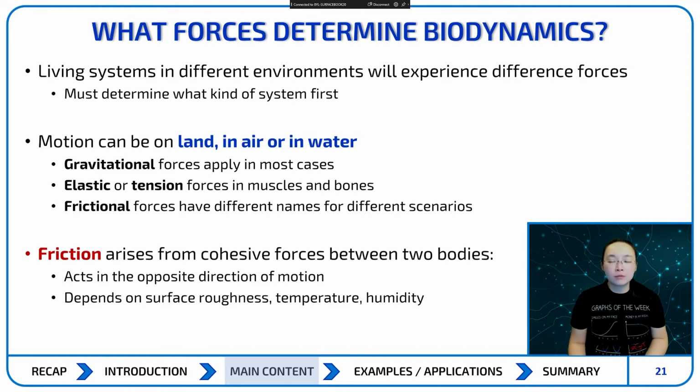The gravitational forces usually will act on most systems, as well as elastic or tension forces. They're quite generic, but it's the friction that changes for different scenarios. Because, for example, on land, there's static friction between my feet and the ground. But in water, there's no longer that sort of friction force.